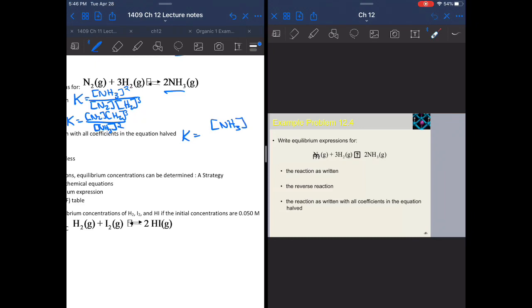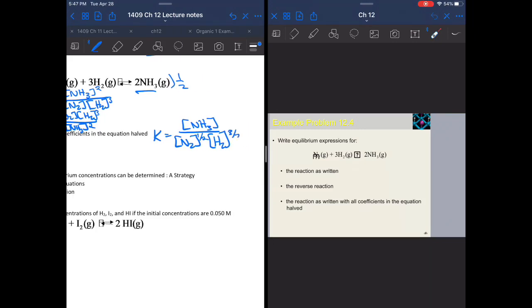NH3, instead of being 2, right? So we're multiplying this whole thing by 1/2. That would just be to the 1. And then on the bottom, N2 was 1, so it's going to be raised to the 1/2. And H2 was 3, so it's going to be raised to the 3/2.